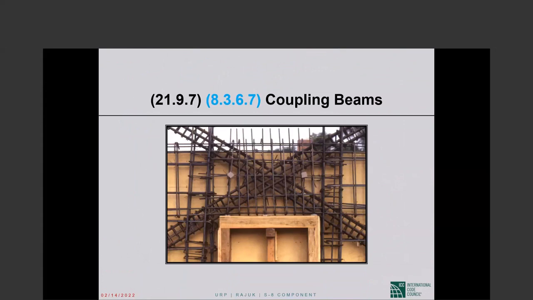This is in Honolulu, Hawaii, in the very early days, they constructed diagonally reinforced coupling beams. And Dick Levy, who was a prominent practitioner there in those days, gave me this picture. It shows what you need to see, and you see that the coupling beam itself does not have a lot of confinement.